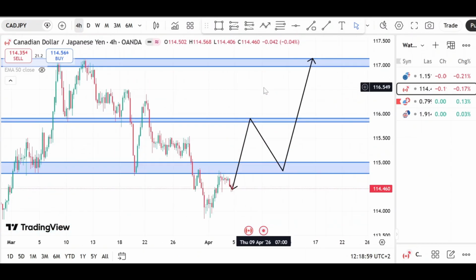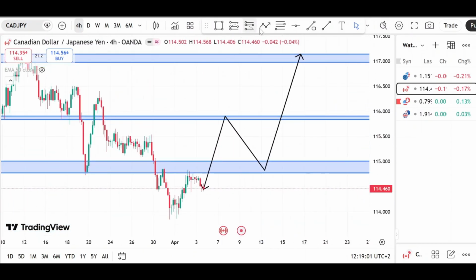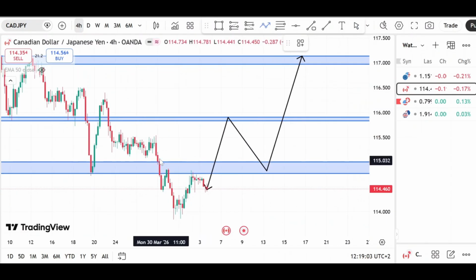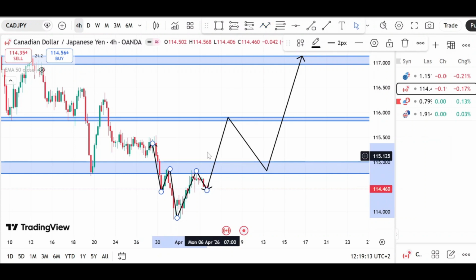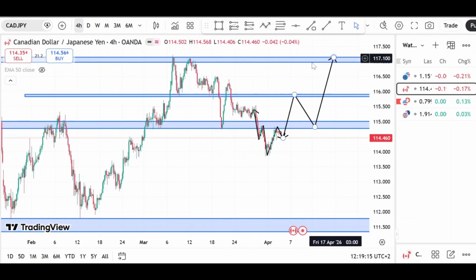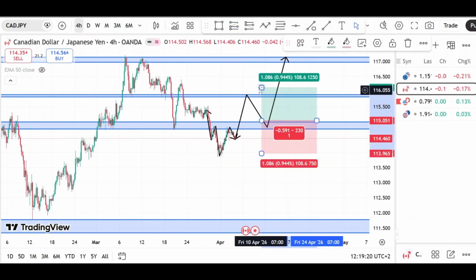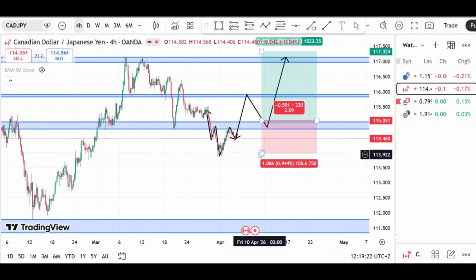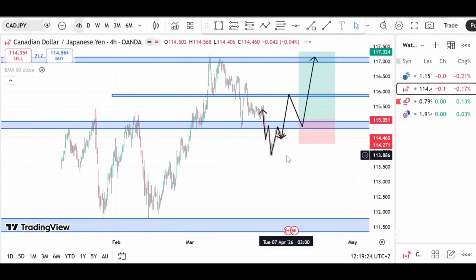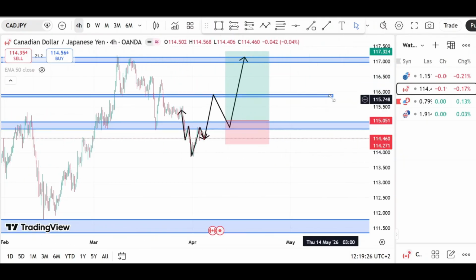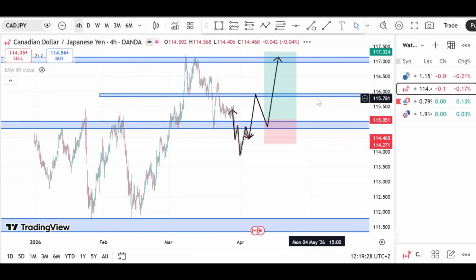This means that this is like a manipulation, and here we are also seeing another head and shoulders. This is the left shoulder, this is the head, this is the right shoulder. So you can expect that the price is going to break upward, so that we capitalize on it. That's where we will enter.